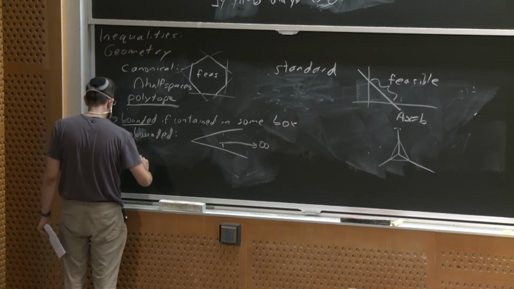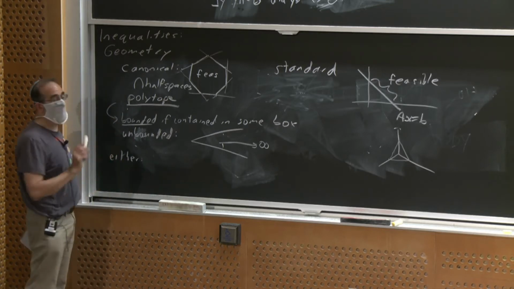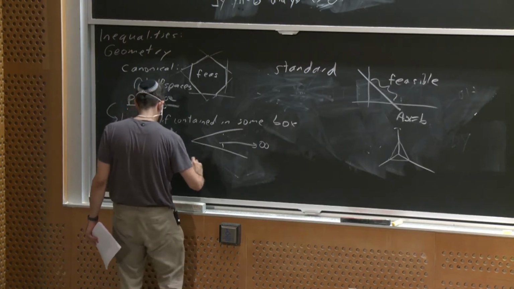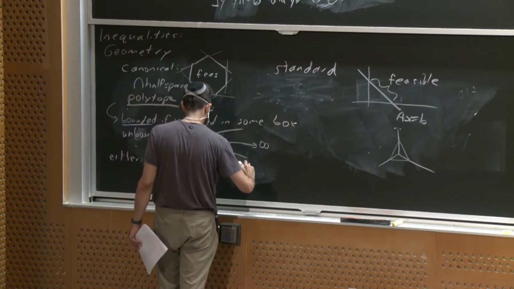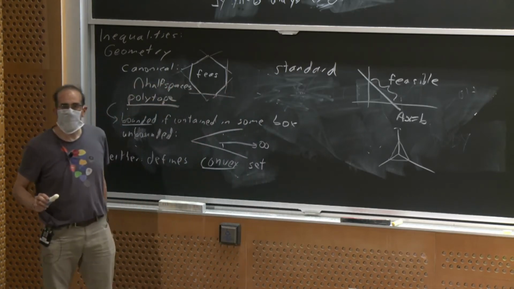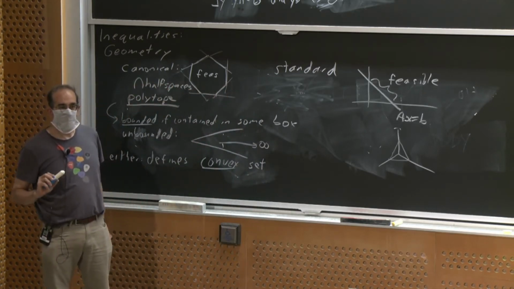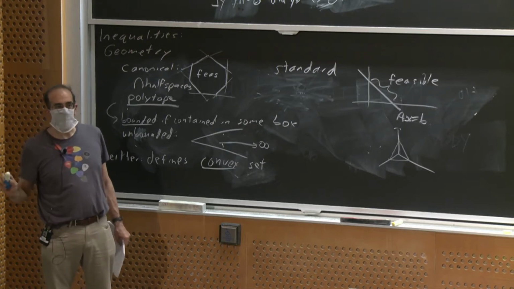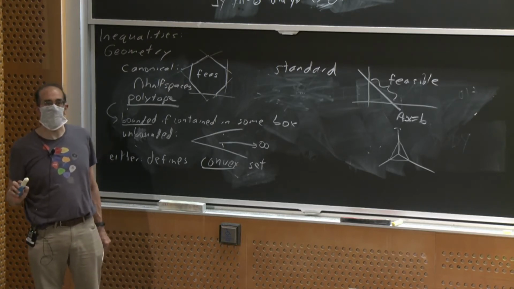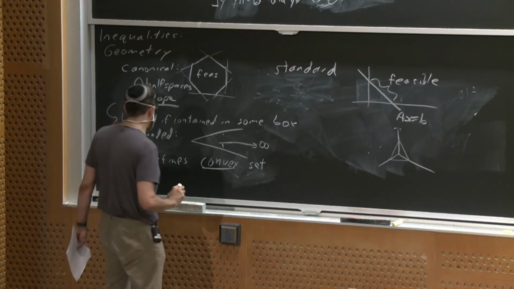Either of these formulations, the canonical or the standard, defines a convex set, which is to say that if you have any two points that are feasible, the line between them stays feasible. Any convex combination of those 2 points is also in the feasible set.